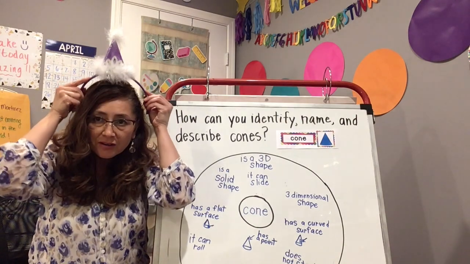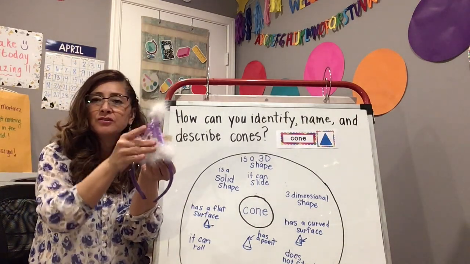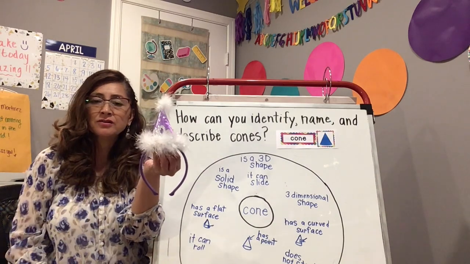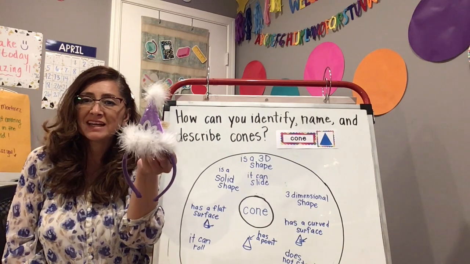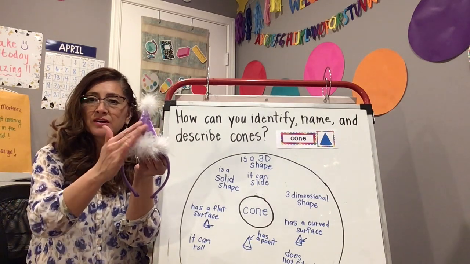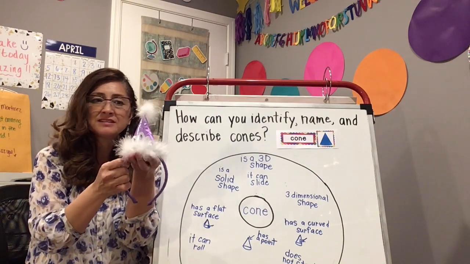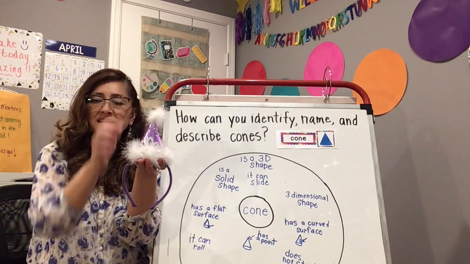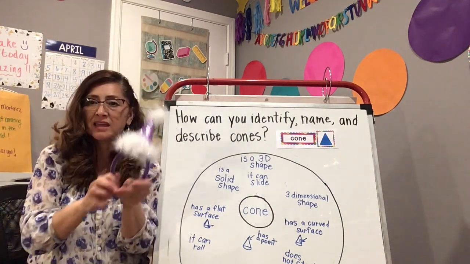This is a little birthday hat you could put on your head, but I wanted to show you the hat itself. Is it shaped like a cone? Yes, that's right. It has a curved surface and a flat surface and it also has a point. So a birthday hat is also shaped like a cone.